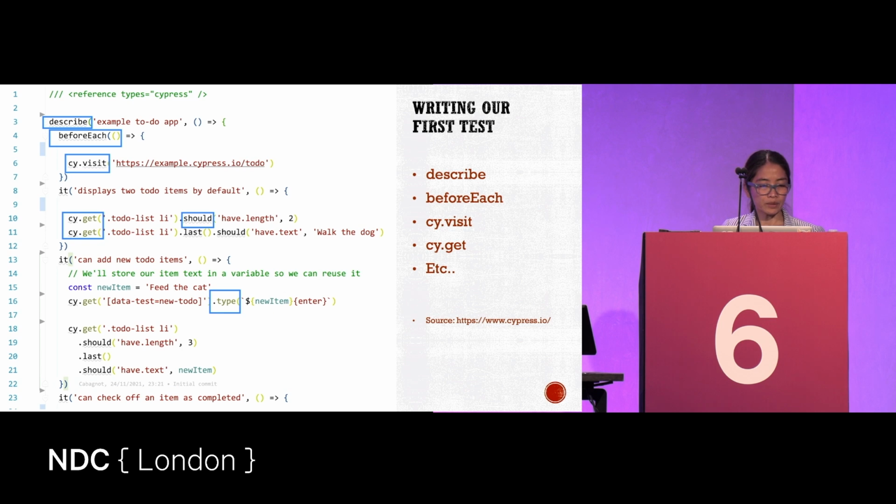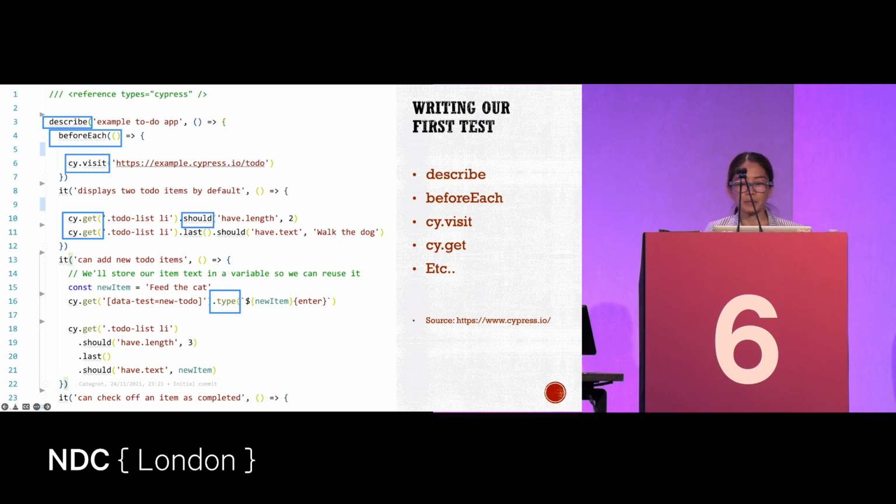And then let's get the input element and use the type command to input our new list item. After typing the content of our item, we need to press the enter key as well in order to submit the input. Now that we've typed our new item, let's check that it was actually added to the list.